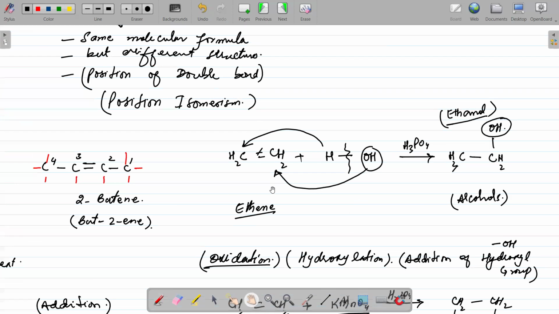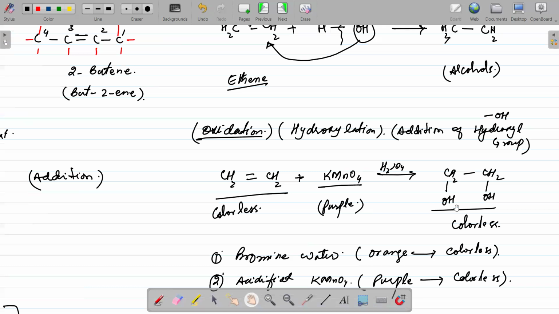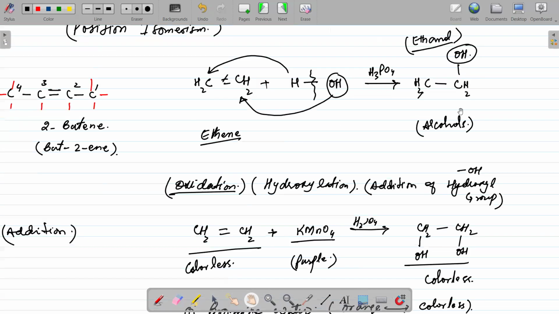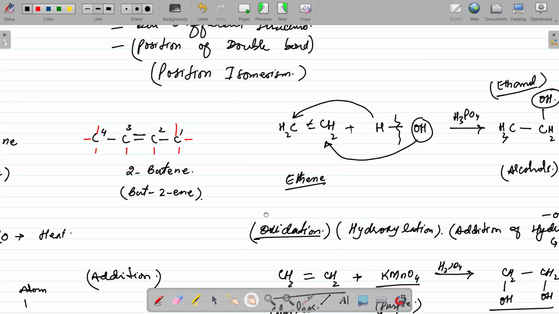And next, oxidation reaction of these alkenes, giving us compounds in which we have OH groups on both the carbon atoms, right? We call them diols because there are two OH groups. One OH group means alcohols. So these are the chemical properties and the introduction of alkenes and isomerism.